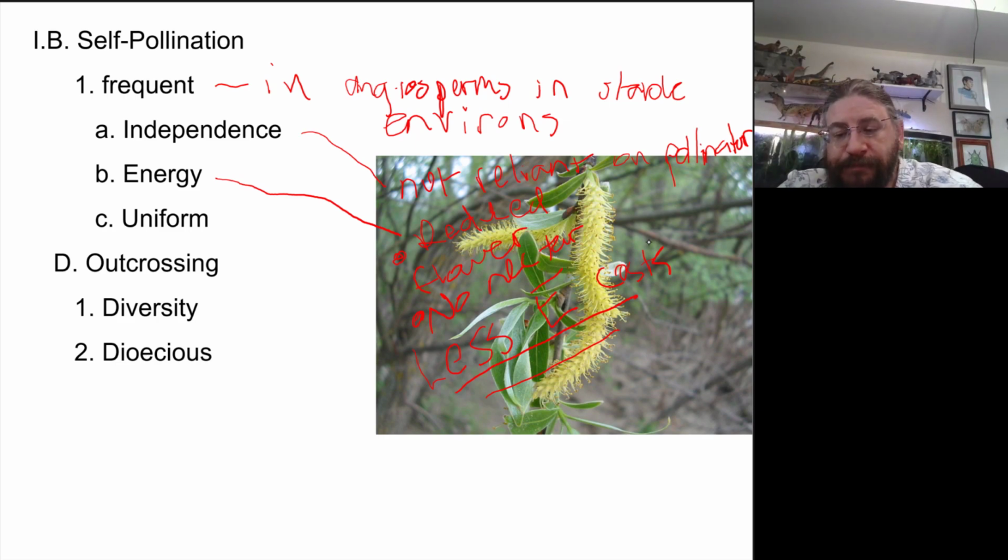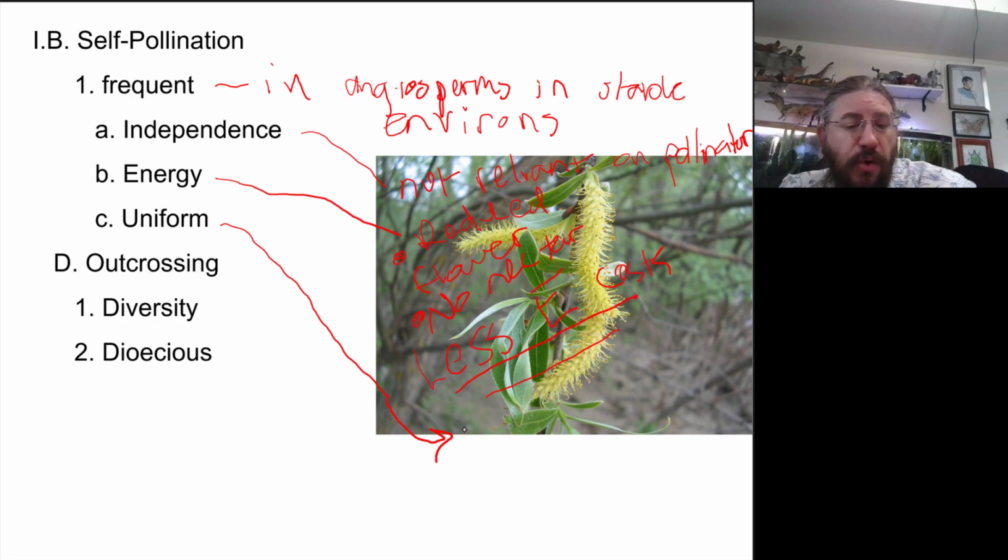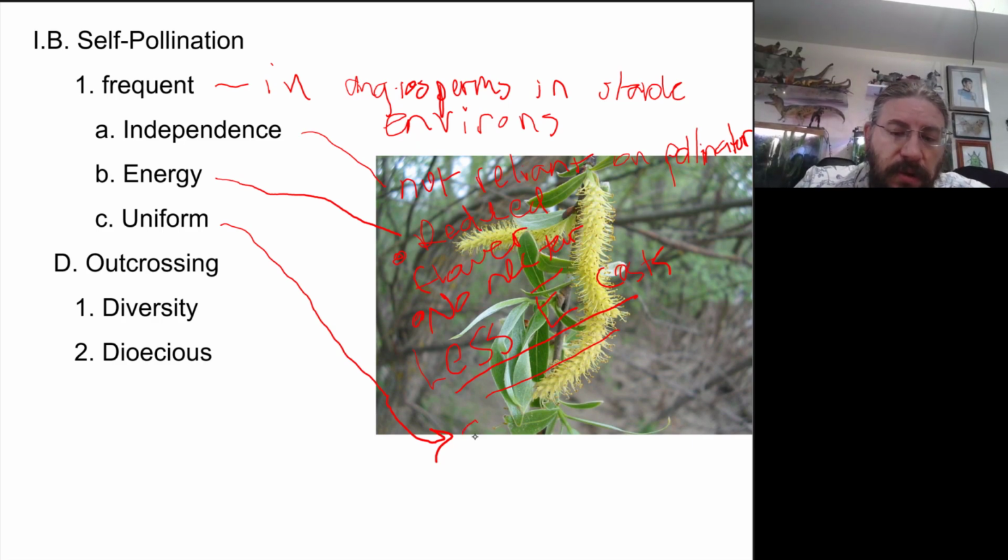So that's pretty cool. And if you are particularly well adapted to your stable environment, then your stable adaptations, well, they remain.